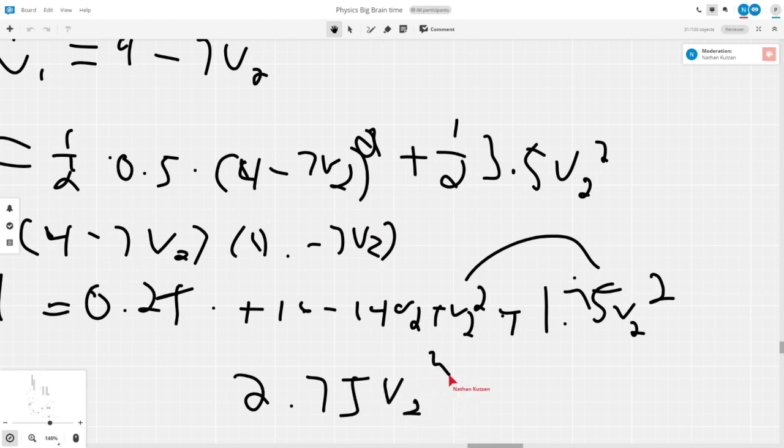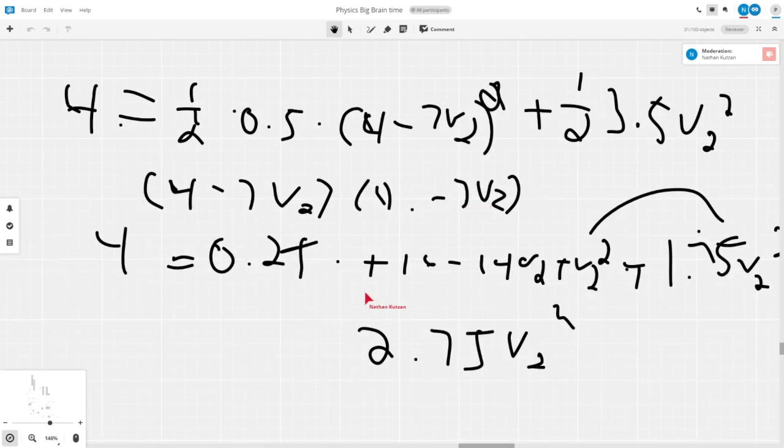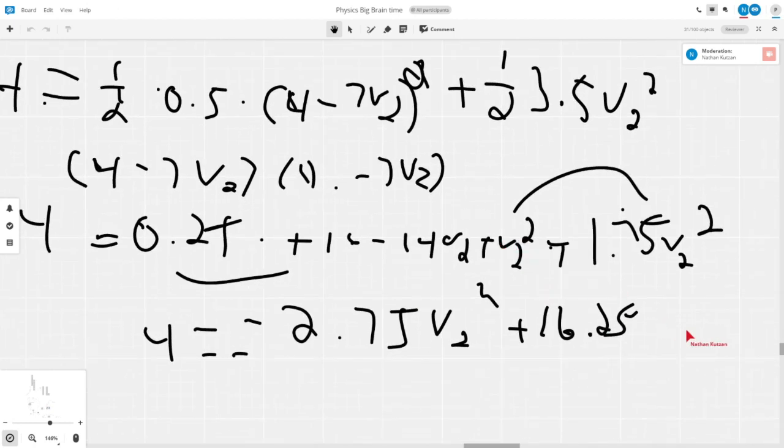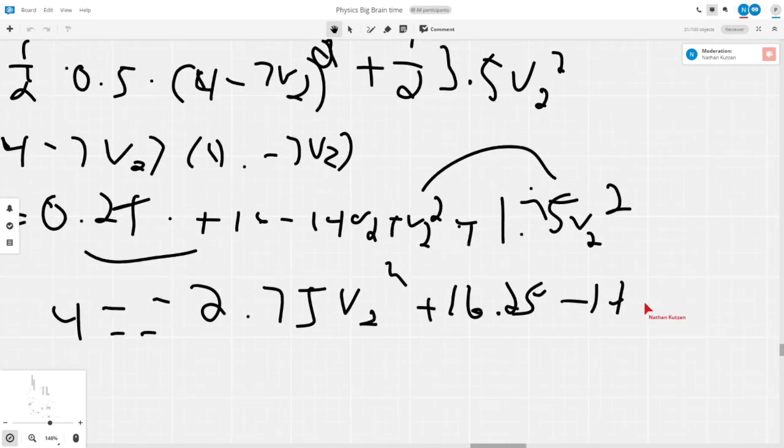And I will add back the 4 equals at the beginning. And then we can combine the rest of these terms. So 0.25 and 16 combines to 16.25. And then we're left with minus 14 v2 at the end. Those two middle terms should really be swapped.